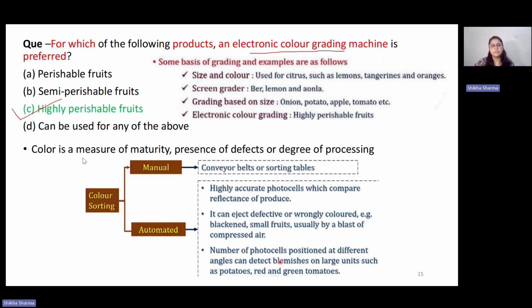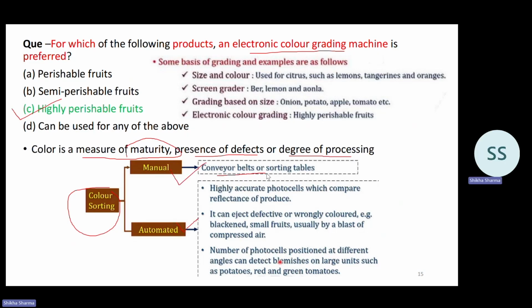With color, basically the maturity is measured, and also the presence of any defects like browning, or the degree of processing, can be checked using color graders. There are color graders and color sorters, and they can be both manual and automated. In the manual type, conveyor belts or sorting tables are used. In the automated type, highly accurate photo cells compare the reflectance of the product.